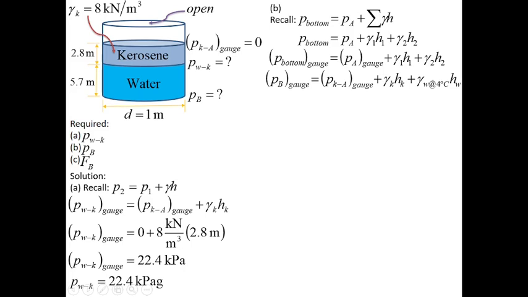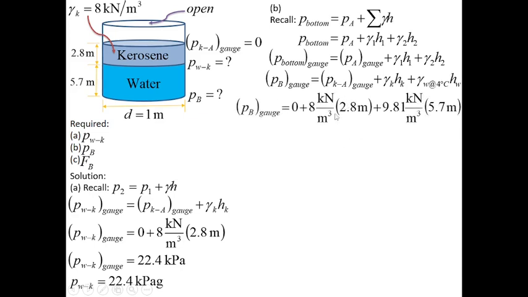So our first liquid is kerosene, so that is gamma sub K times H sub K. Plus the second substance is water. And the temperature of water was not mentioned, so our assumption is that water is at 4 degrees Celsius. And in that case, the unit weight of water at 4 degrees Celsius, which is the standard, will now be utilized. So multiply by the height of water.